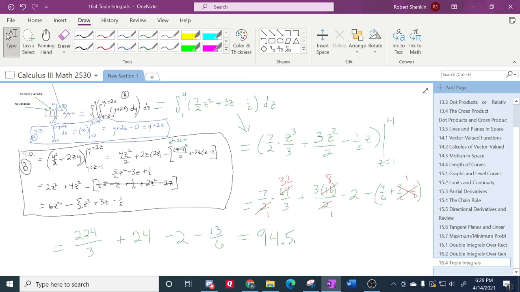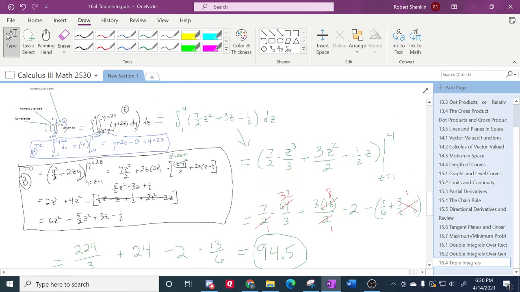So let's look at this, because that was good anticipation. You're kind of getting into what I was going to ask next, which is, what does this 94.5 represent geometrically? It's a mess, isn't it?